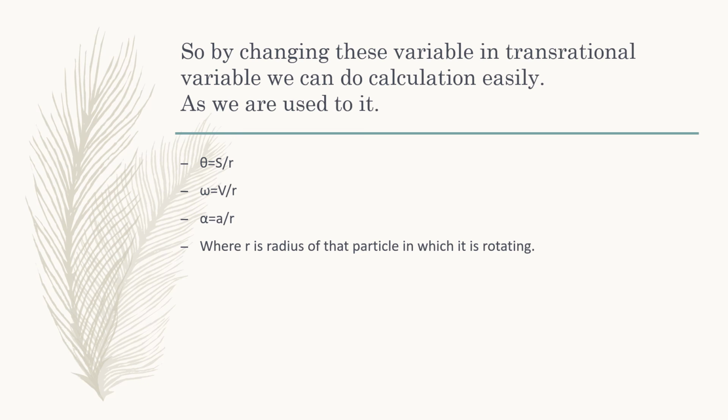As we have seen in that figure, the particle was here, then the axis of rotation was made like this, and it was covering a circular path. This point is our fixed point, and this is r, the radius of that circle in which it is rotating.